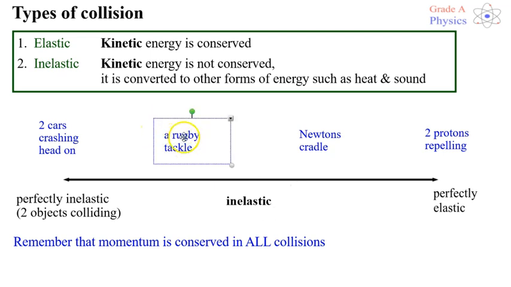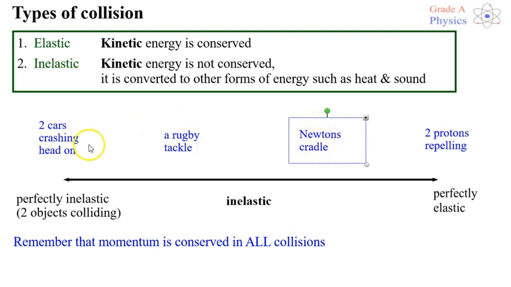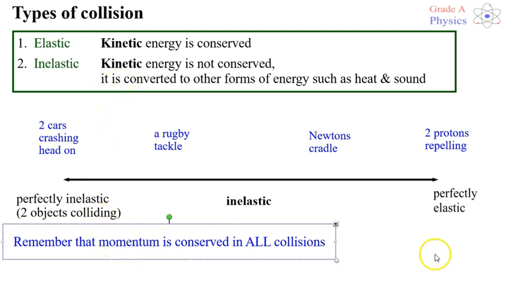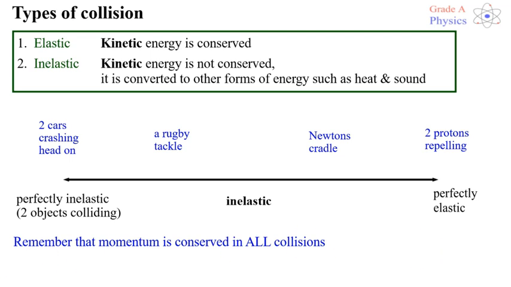So maybe in sports, or the little office toy with the Newton's cradles and the ball bearings. So there might be a range of values here. But importantly, even though collisions can be elastic or inelastic, momentum is always conserved. And that's a really, really important point.